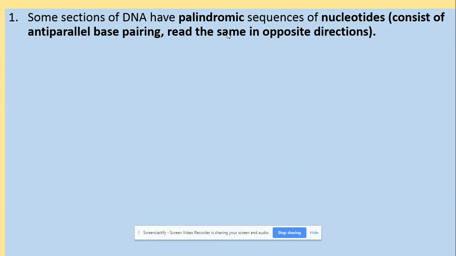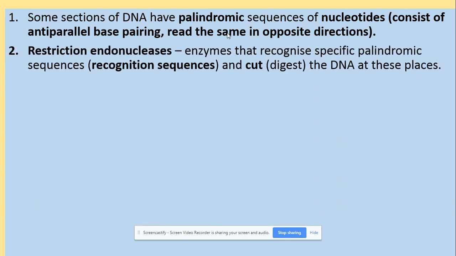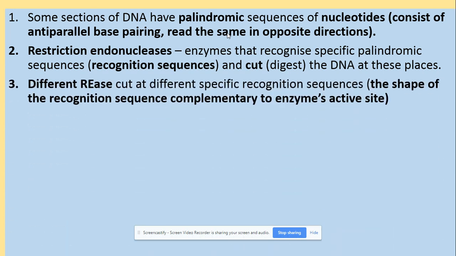Right, so quickly how this is possible, let's make some notes. So sections of DNA have those palindromic sequences, which we've seen are read the same in opposite directions. Restriction endonuclease can recognize those specific sequences and cut DNA. Of course, a different restriction endonuclease will cut a different recognition sequence because of the differences in the shape.